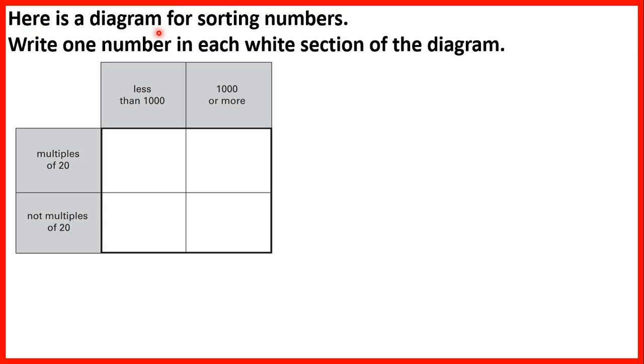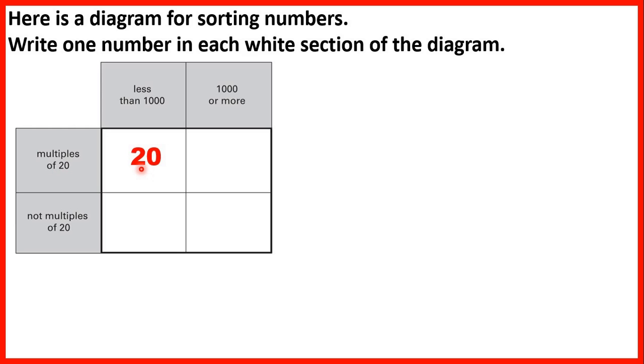Here is a diagram for sorting numbers. Write 1 number in each white section of the diagram. So for this section here, we need a number that's a multiple of 20 and less than 1000. So remember, a multiple of 20 will be a number in the 20 times table, or a number that we can divide by 20 without getting a remainder.